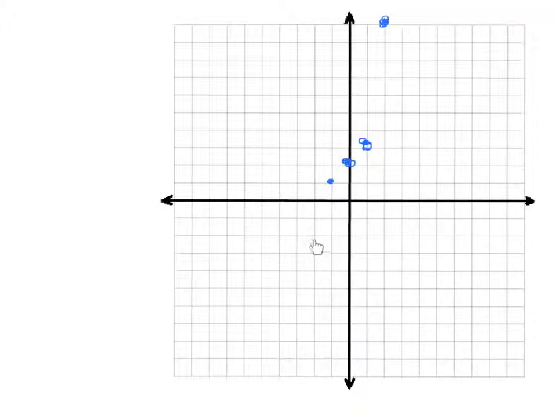Negative 2, negative 6 will be right here. So it's not a straight line. In fact, it looks like this. And this is what cube equations come out to look like. I call it a sneaky thing. I don't think it has an official name, but that's what cubed functions come out to look like.